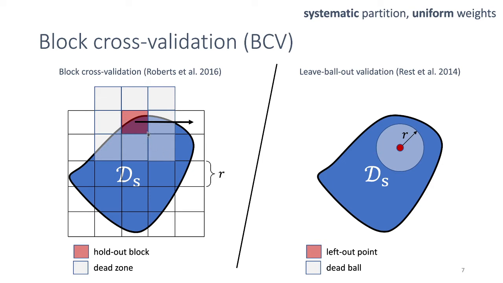For each fold that's hidden in red color, you create a dead zone where you cannot use samples, and then you train the model with the samples that are outside this dead zone. Similarly, in leave ball out, we hide the center of a ball of radius r and train the model with the remaining samples outside the ball.